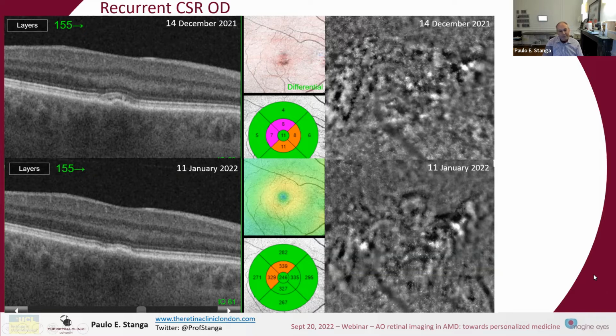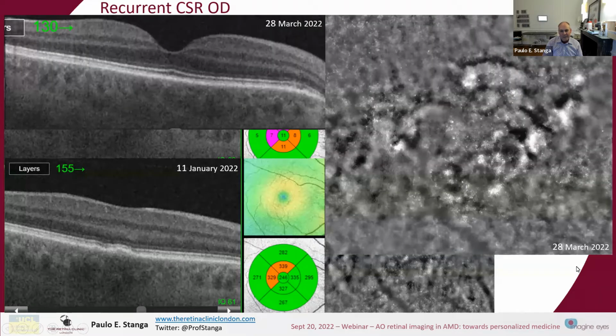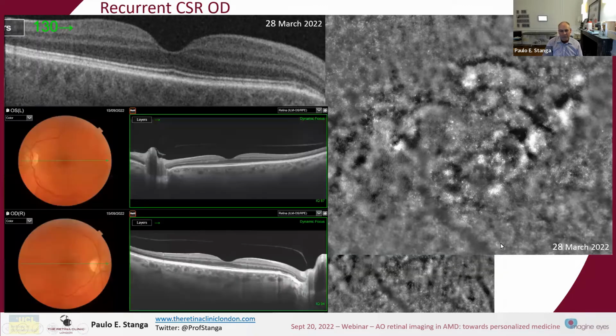So even though there is resolution of fluid, we see that there are permanent changes in the photoreceptors. Here you can see the changes between 11th of January and March this year, and you can see that there are persistent changes at the level of the photoreceptors.